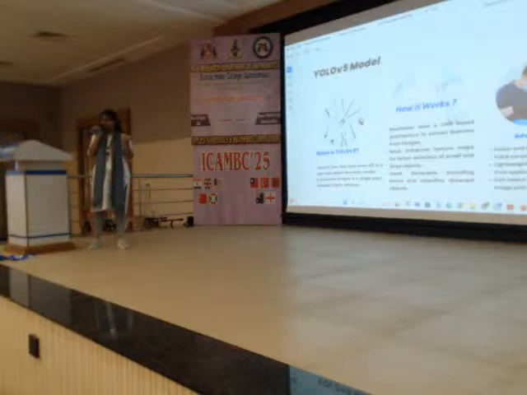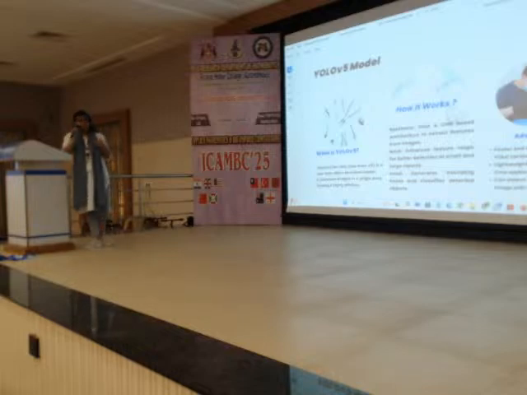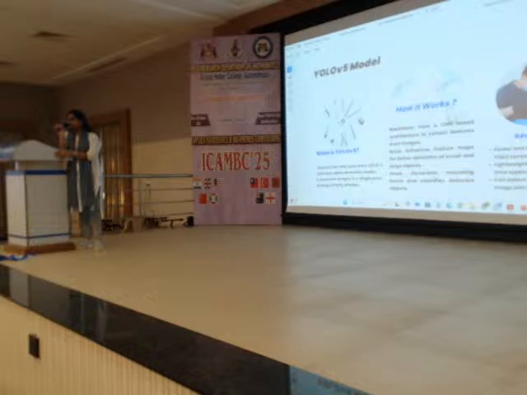The backbone uses a CNN-based concept, the neck helps to extract the features, and the head helps to draw the bounding boxes, detecting the parts in the images. The main advantage is that it has a lightweight structure, and it is faster, more accurate and precise.